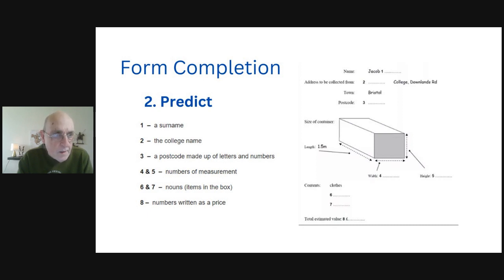You will hear centimeters or meters when you hear a measurement, and it's only necessary to put in the abbreviation. Even if you don't put in the unit of measurement and just the number, you still will receive your score. For questions 6 and 7, you know you're going to be listening for items which are nouns. And then in the last question, you're listening for a price.